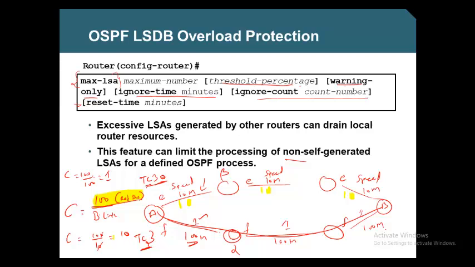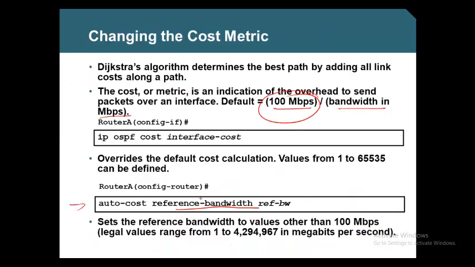By default, it is 100. If you have a plan of changing it for a genuine reason, we can do it by using this command. I can say auto cost reference bandwidth 1000. Instead of 100, I can say what? 1000. So this will become 1000 here.